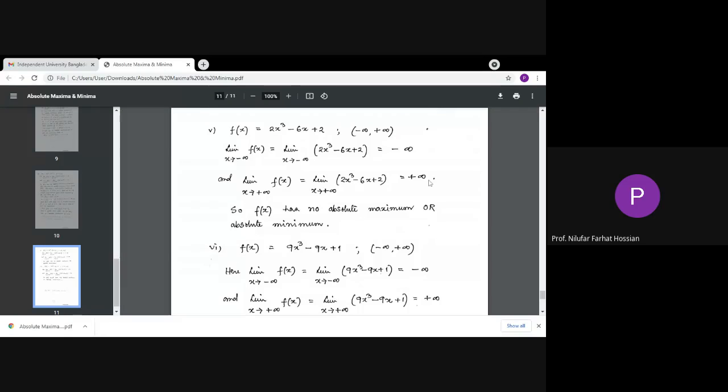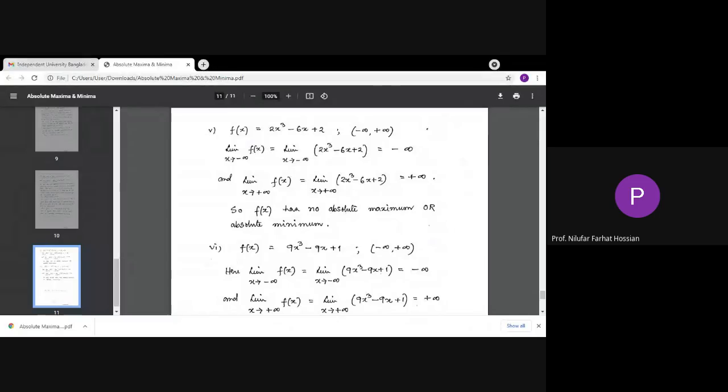So you see, on the left side the function value is always going towards minus infinity. And on the right side, when x tends towards positive infinity, the function value goes towards positive infinity. So on the left side the graph goes downwards towards negative infinity, and on the right side the graph goes towards positive infinity.